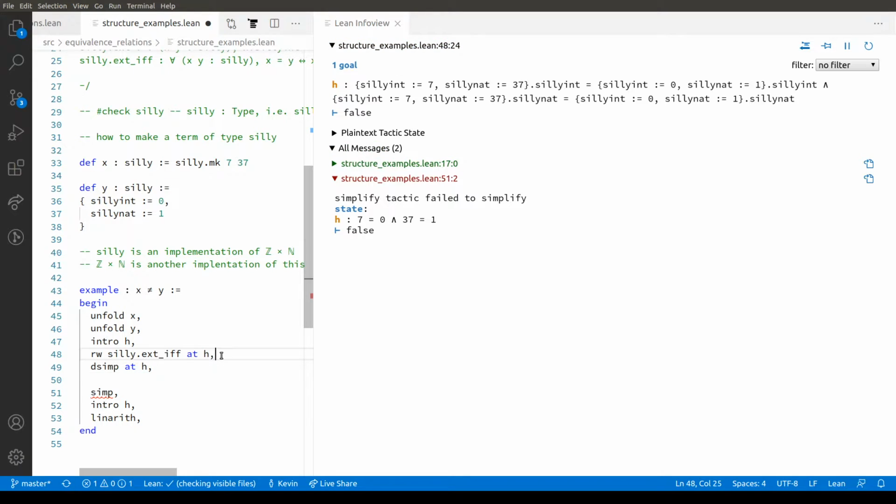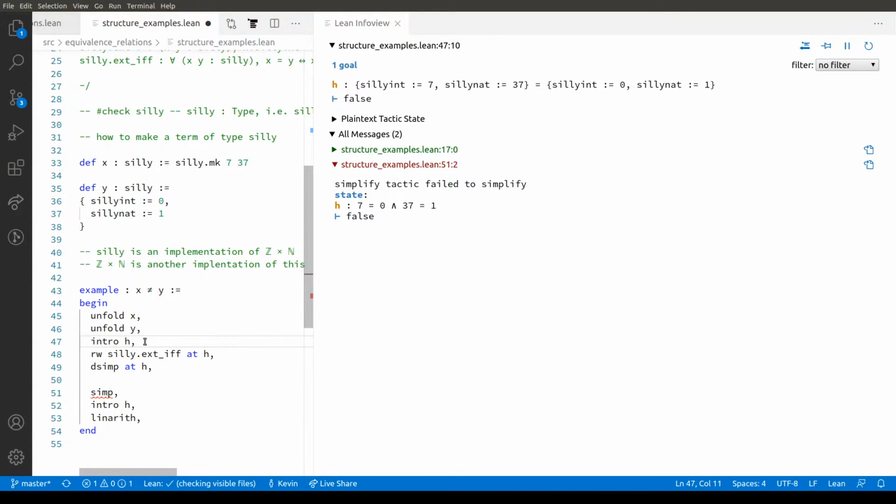So this is something that I meant to actually mention with structures. Look at this. If I rewrite this, this is supposed to be useful, right? This extensionality lemma. Extensionality means that two things are equal if and only if they're made up of the same parts. So this is x and this is y.